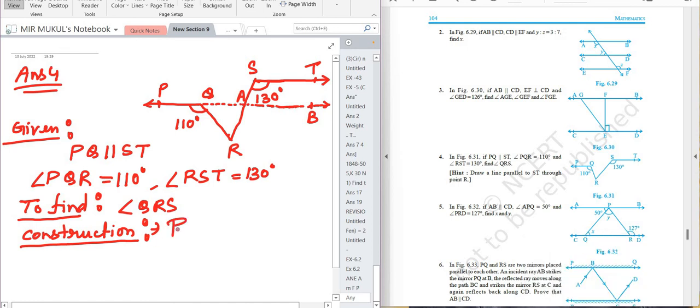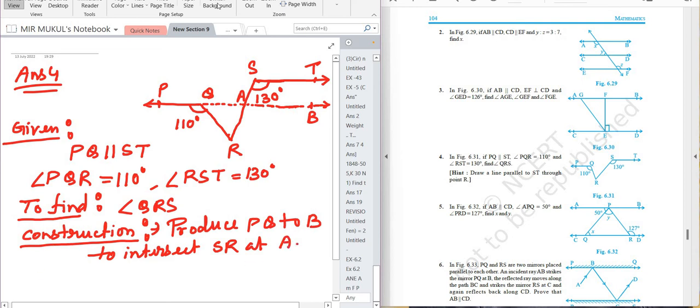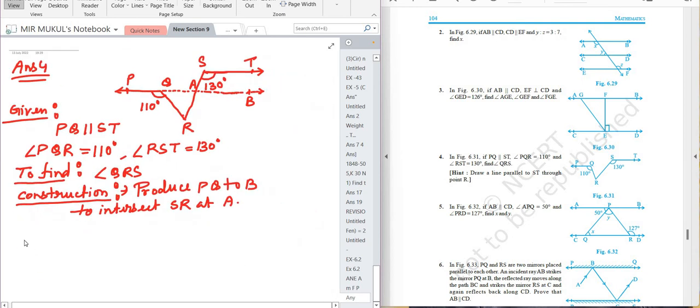Produce PQ to intersect SR at A. Now it's proof.